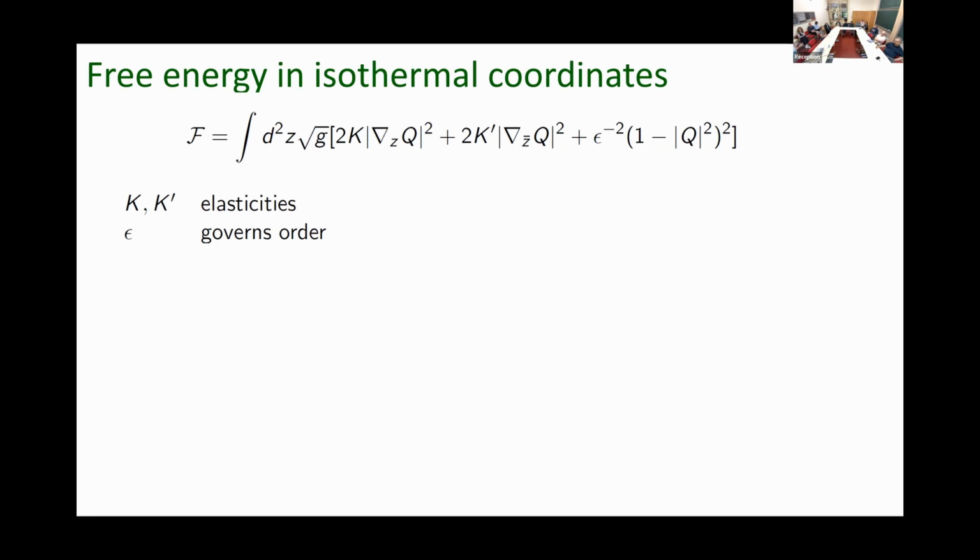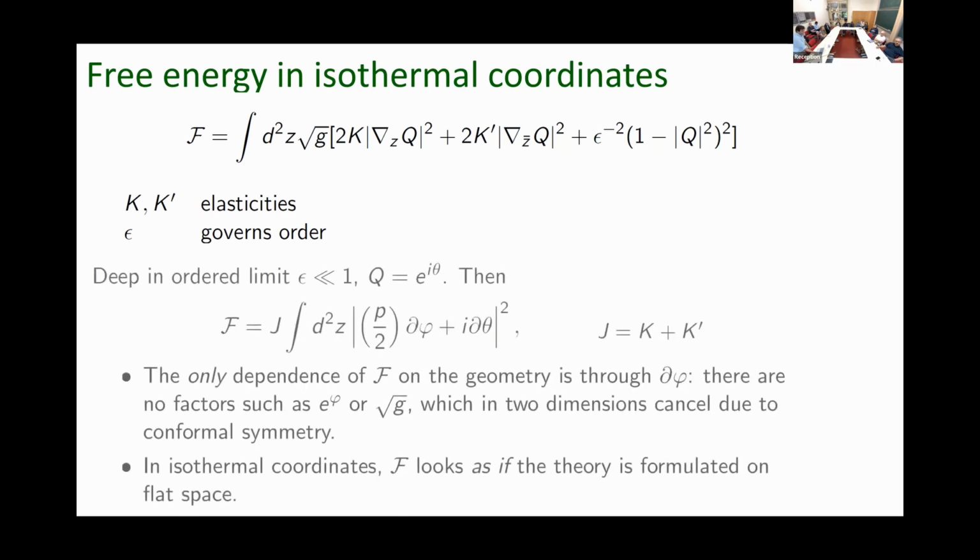Then we use the factors of the metric. If we make this assumption and go deep into the ordered limit, where epsilon becomes huge, then Q in the energy just wants a phase angle of theta.